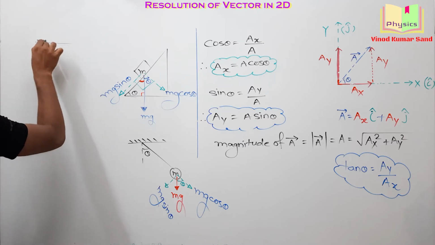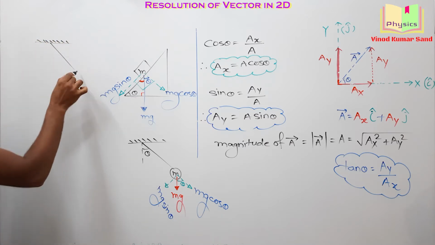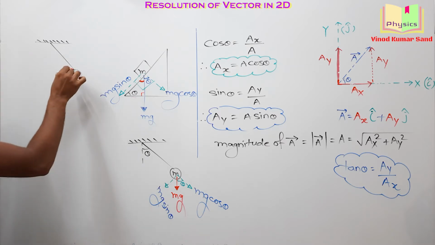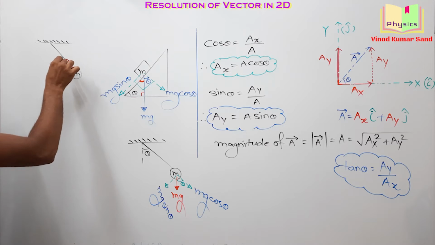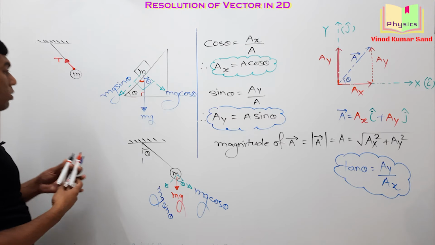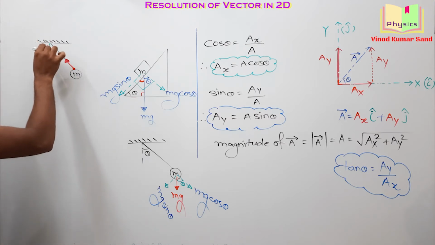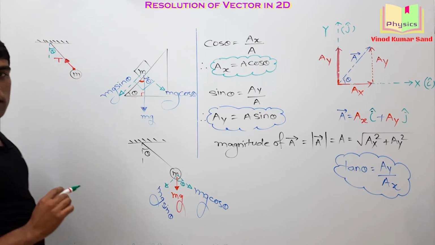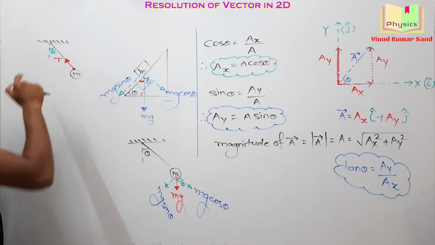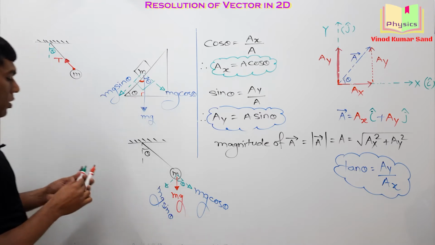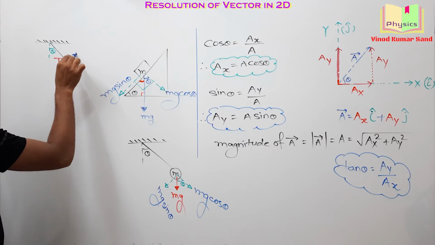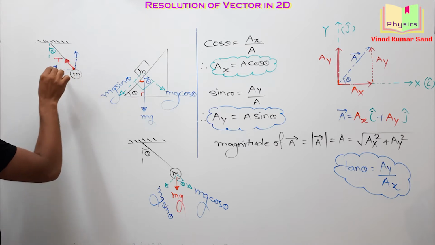Taking up another example. The same pendulum. Let's say mass m and this pendulum has some tension T here. You will read about the tension in the string in detail in the chapter Newton's laws of motion. This angle with the vertical is given as theta. You want the rectangular components of this tension T. So in two-dimensional space, the rectangular components are shown like this.